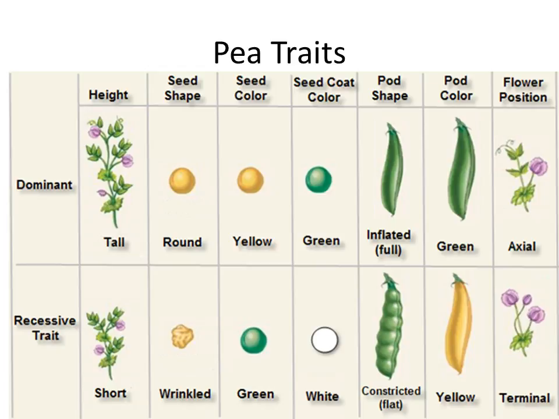For example, for height there's a tall and a short. For seed shape there's a round and a wrinkled. Many traits or alleles show dominance and recessiveness, meaning that if the dominant trait is there, the recessive trait is hidden from view.